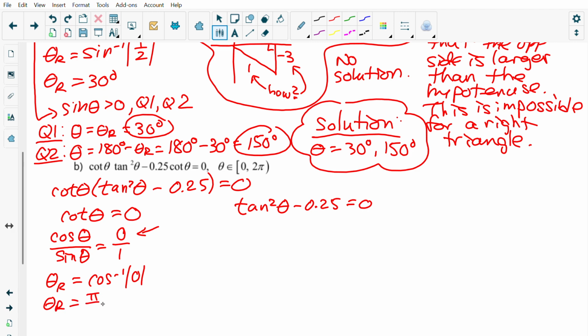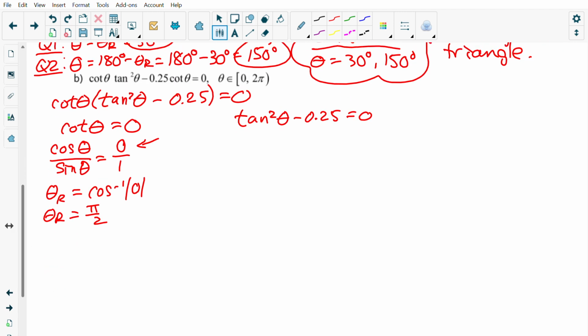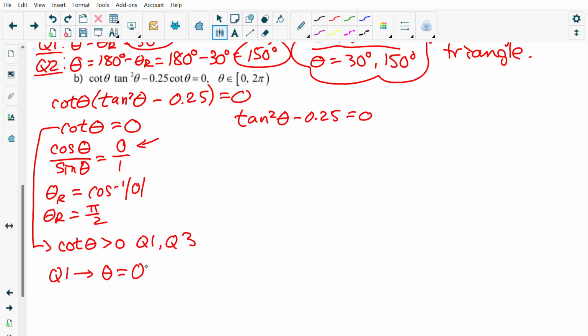The reference angle here is pi over 2. Then for cotangent, I'm thinking of the tangent ratio, so the cotangent ratio is positive in quadrant 1 and quadrant 3. So in quadrant 1, if the reference angle is pi over 2, then the angle in standard position is also pi over 2.